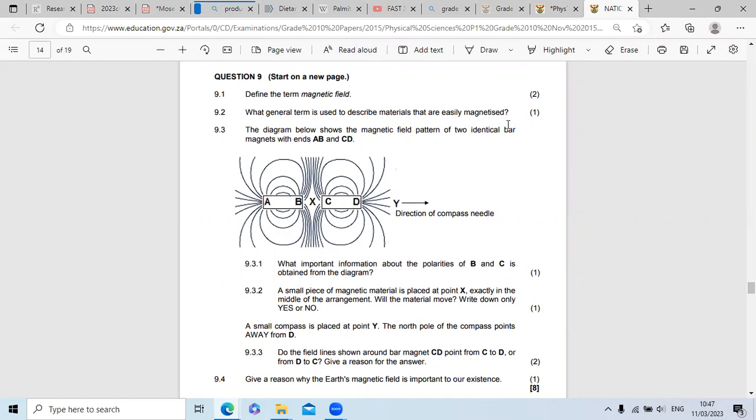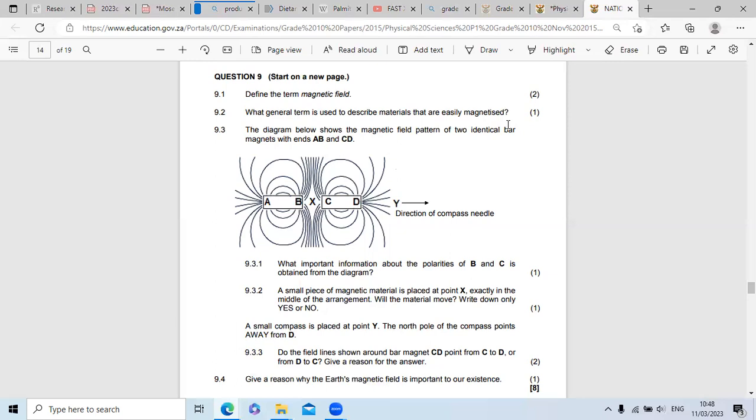I think that's a more complex answer, but you can simply say that it's a field describing the magnetic influence on its surrounding, or the influence of a magnet on its surrounding.